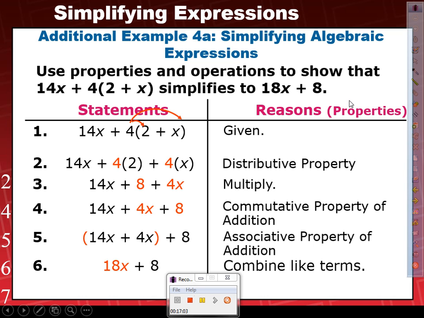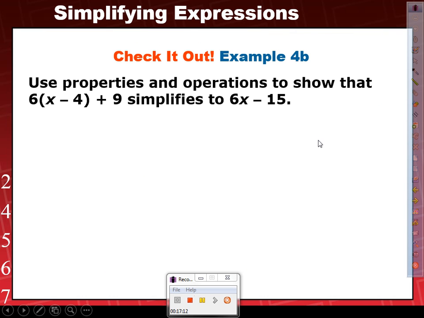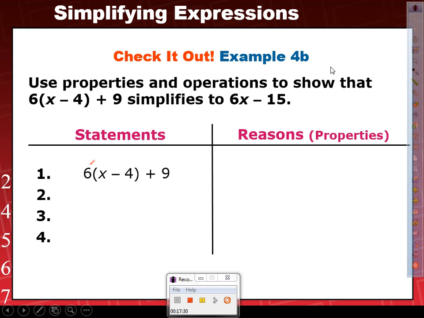Example 4B. It says, use properties and operations to show that 6 times x minus 4 plus 9 simplifies to 6x minus 15. And make your 2-column table. There it is.